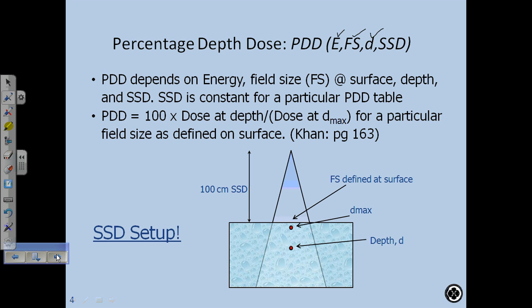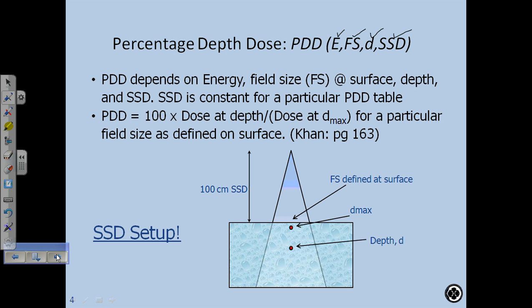If we were treating elephants, we'd probably have to scan our PDD a lot deeper than that. Otherwise, you could have a PDD that stops at 35, and you may be able to extrapolate that out linearly, or with a polynomial. But for humans, scanning down to 35 is sufficient. And then SSD. So PDD also depends on SSD. What's a typical SSD?